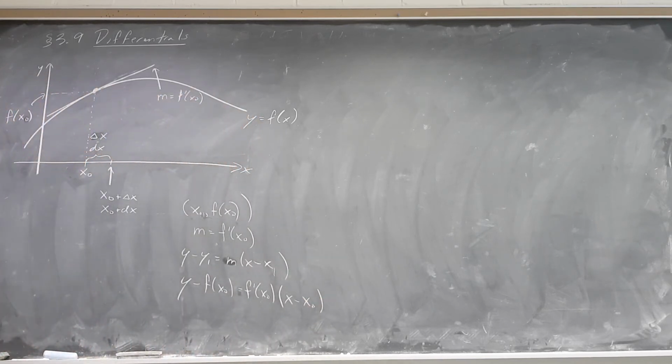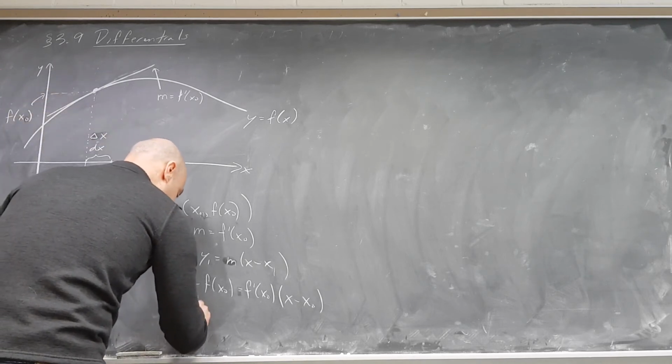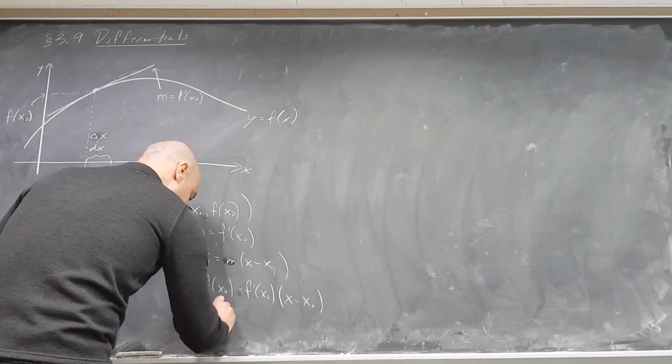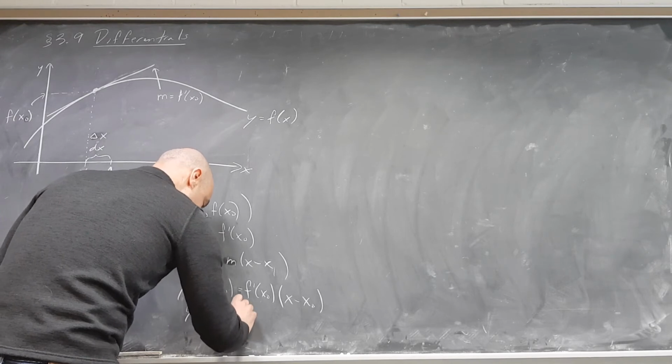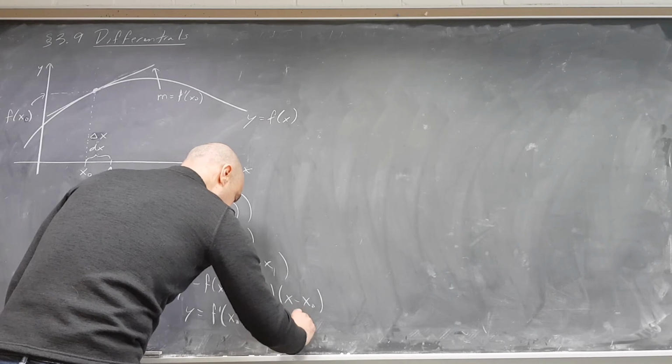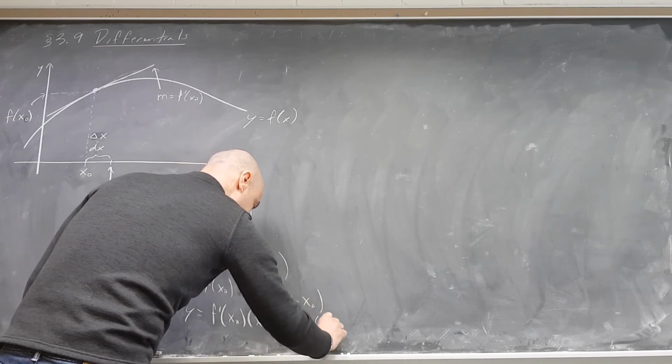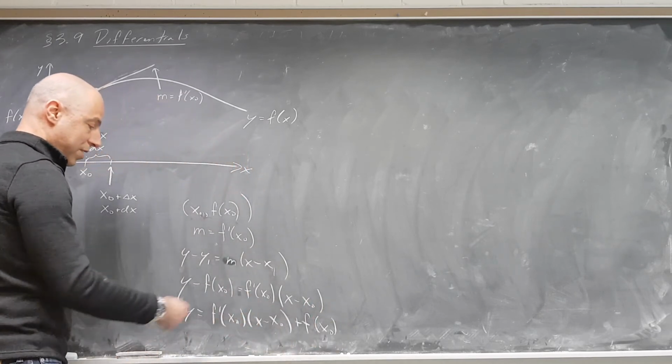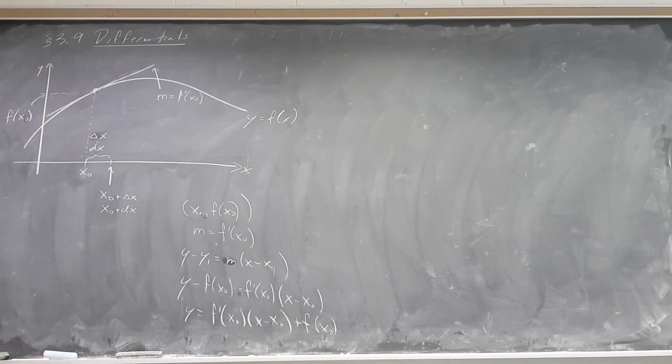And you could, of course, solve for y. We could get y equals f prime of x naught times x minus x naught plus f of x naught. And then I could multiply this together to get the equation of the line in the form that I'm used to seeing it.